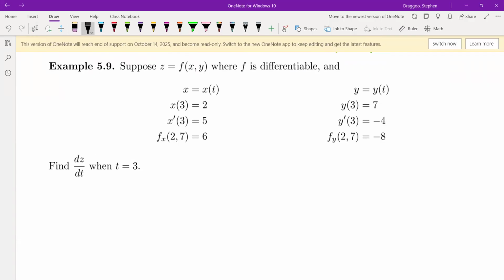So if I were to just try and structure it all the way out, I want z partial t at 3, which is going to look like something crafty. This is going to be f partial x, since z is going to be f. But this is going to be f partial x at x of 3, y of 3.